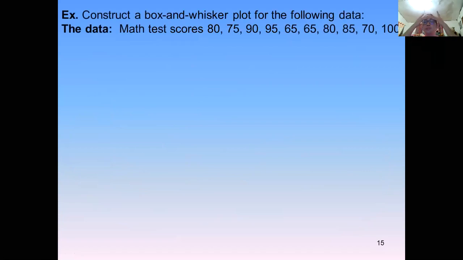So I hope you can follow. Now let's try to use it so that you can appreciate it. Construct a box and whisker plot for the following data. You have the math test scores 80, 75, 90, 95, 65, 65, 80, 85, 70, 100, as you can see there on the screen. So how do we make and draw our box and whisker plot?